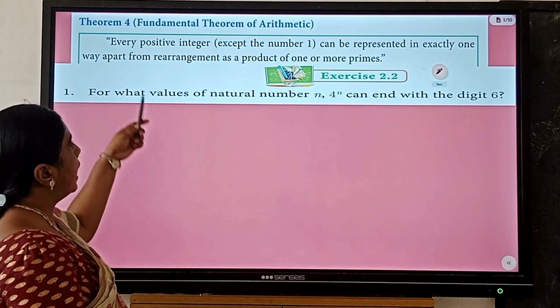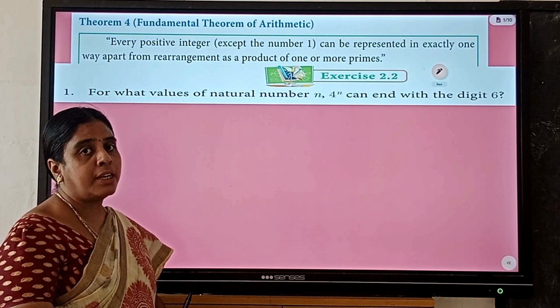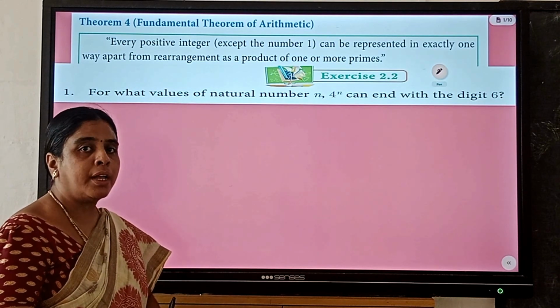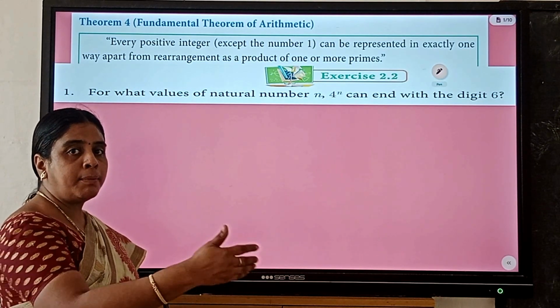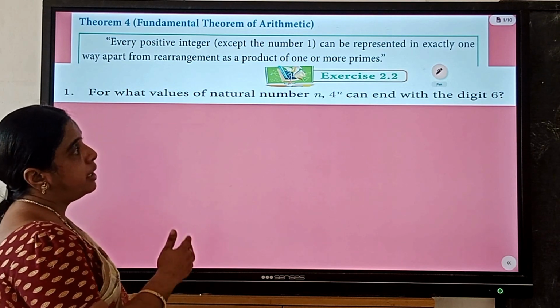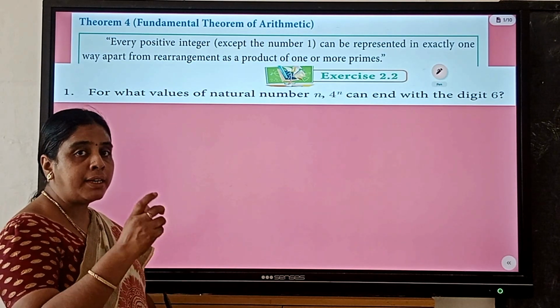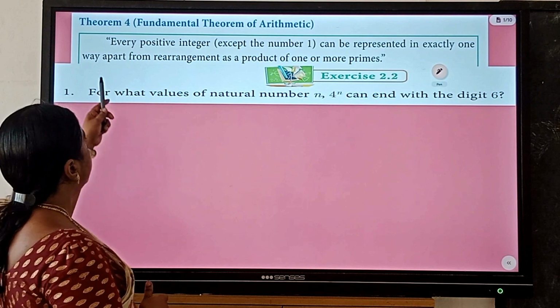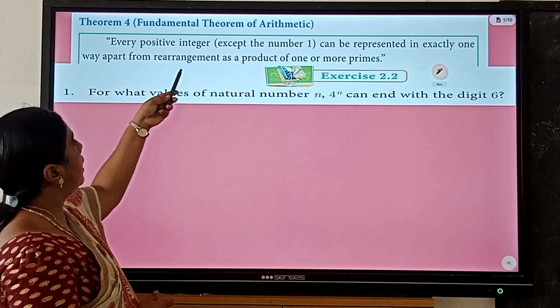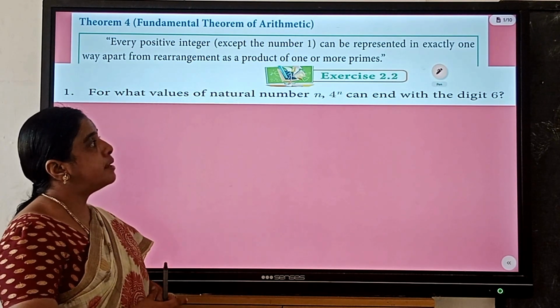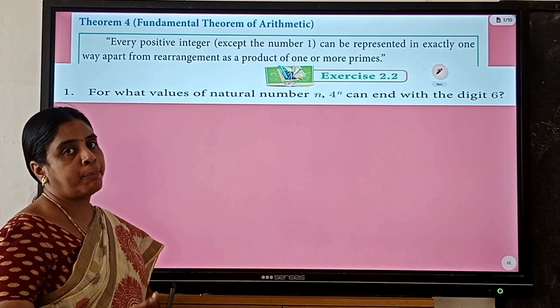It states that every positive integer except the number 1, so apart from the number 1, the other positive numbers can be written in exactly one way, apart from arrangement, as a product of one or more primes.